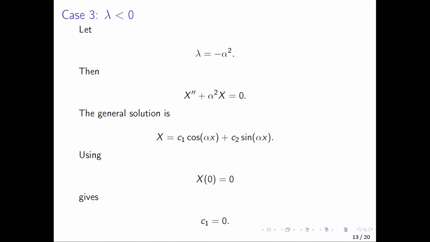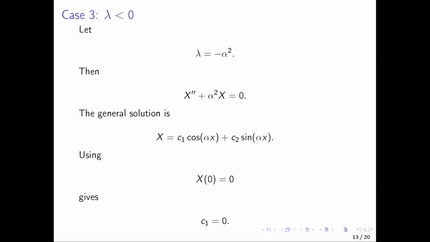Complex roots exist in this characteristic equation, which means that you can write your x solution as C1 times cosine of alpha x plus C2 times sine of alpha x. Applying the first boundary condition here removes the cosine term. If you apply the first boundary condition, which means that you will write 0 for your x, then the first boundary condition removes the cosine term.